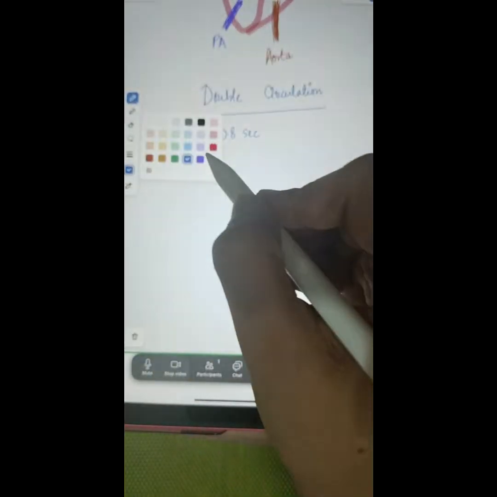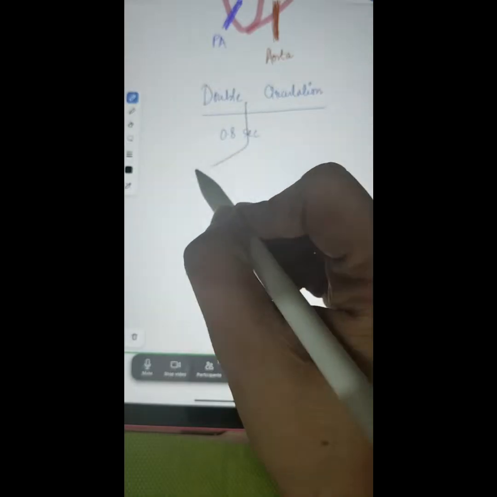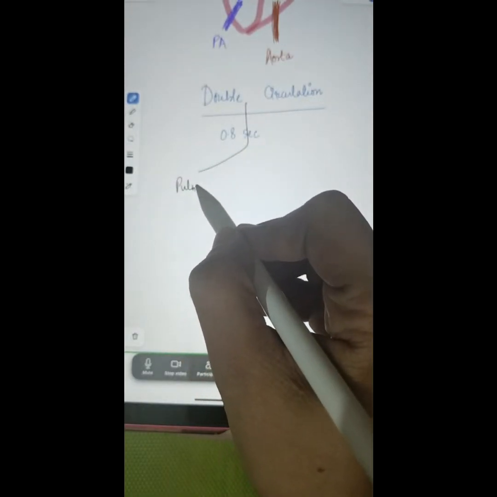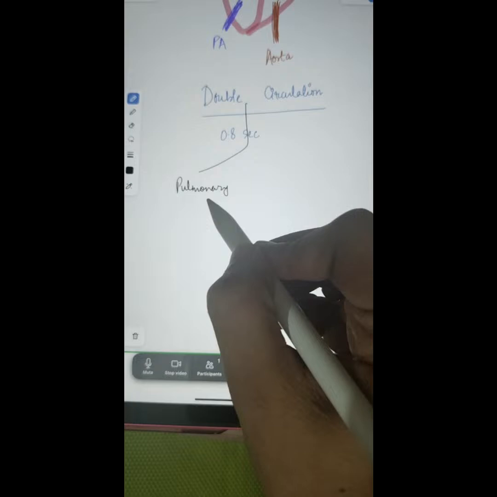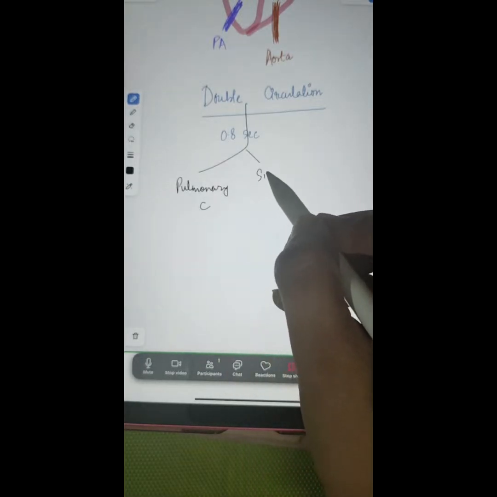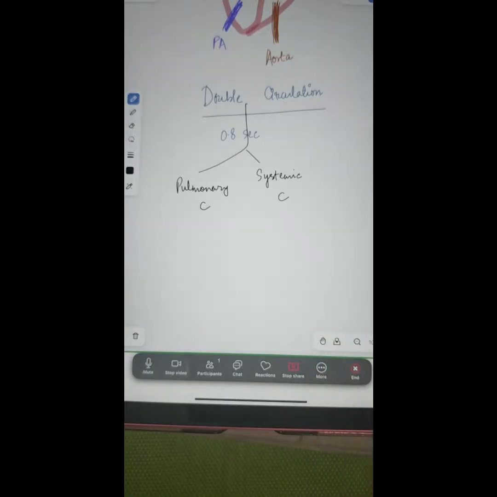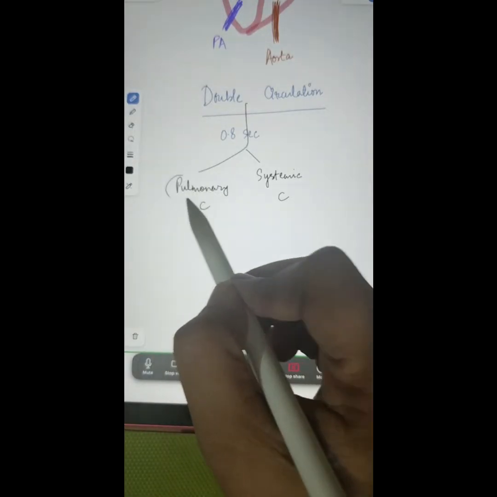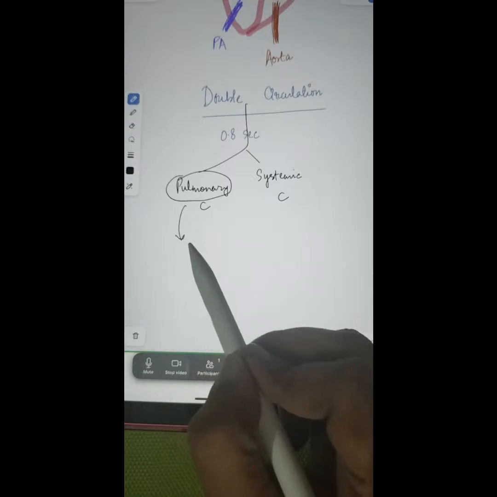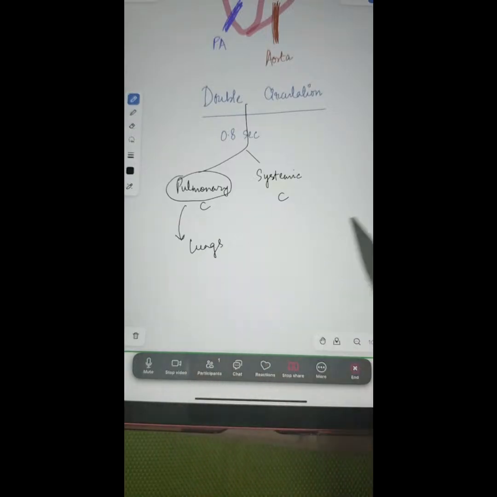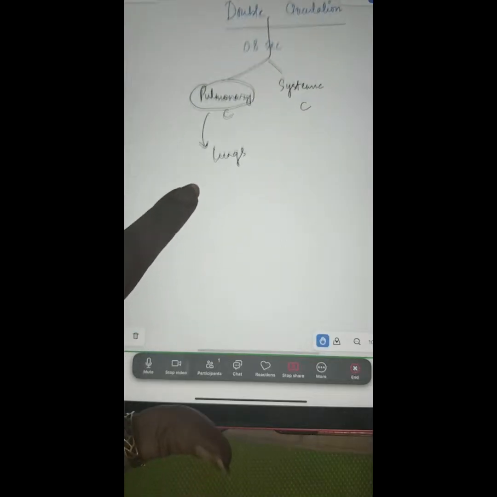So, double circulation in the human being has two parts. One is pulmonary circulation and another is systemic circulation. Remember, whenever the word pulmonary is there, it will always involve the lungs, right?